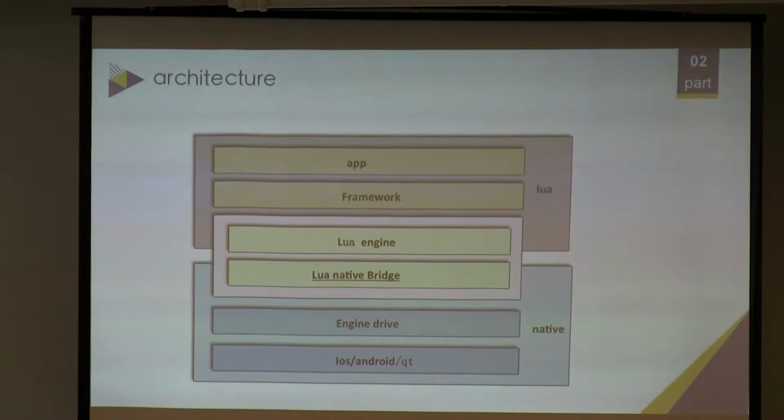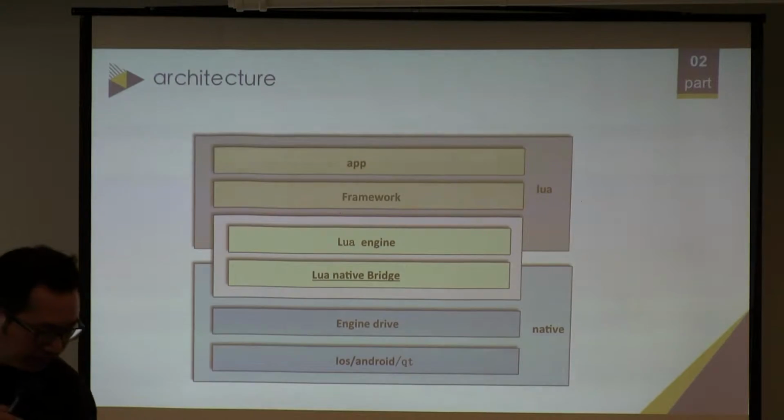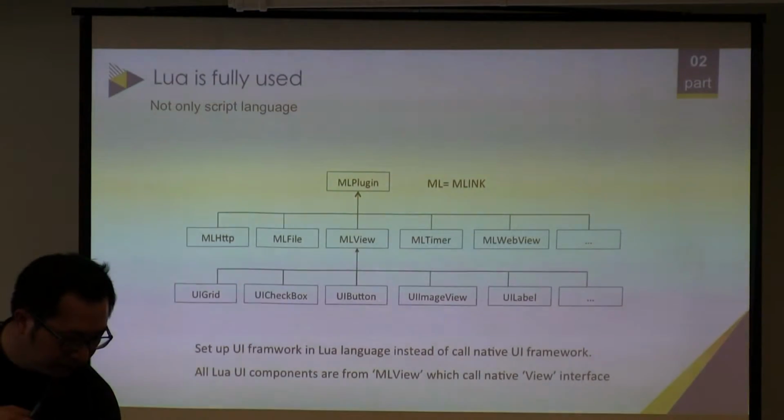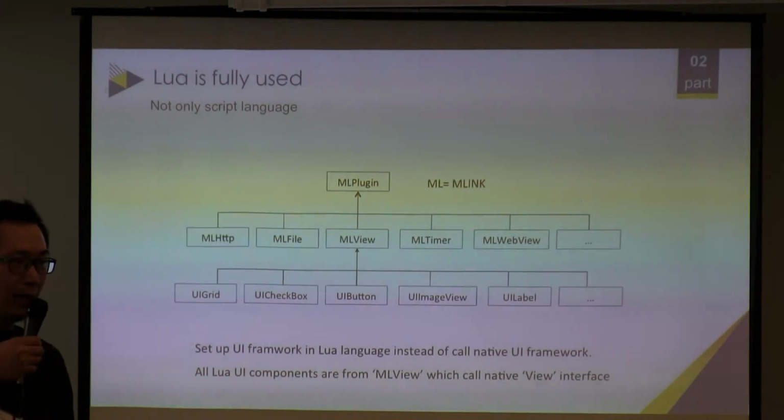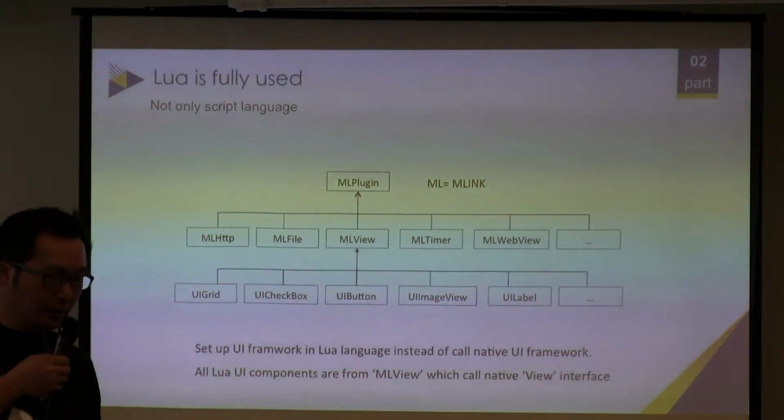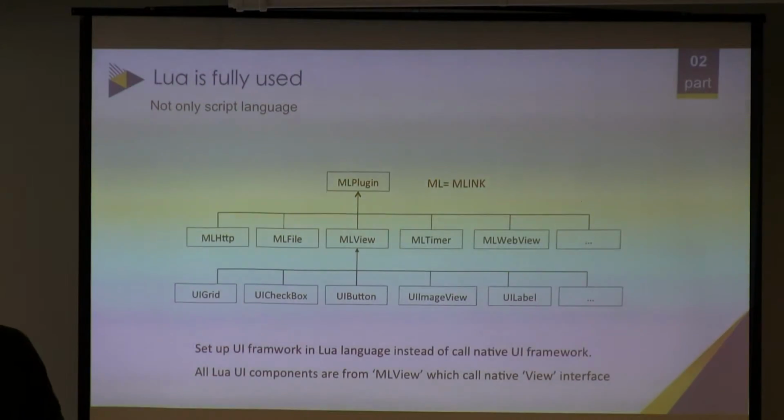Let's look at the architecture: engine, bridge, and the Lua framework. The difference between Lua and Titanium and Cocos2D is that Lua is not only used as a script language.